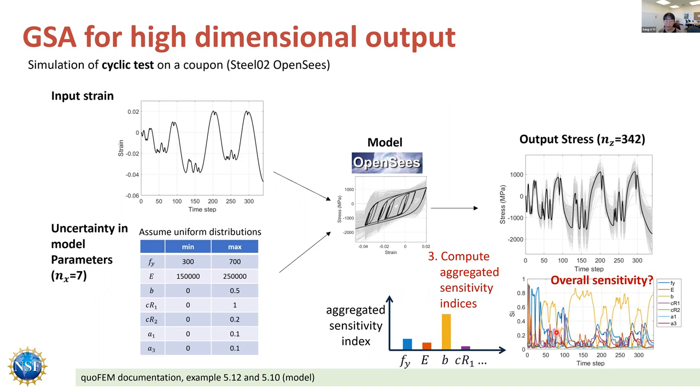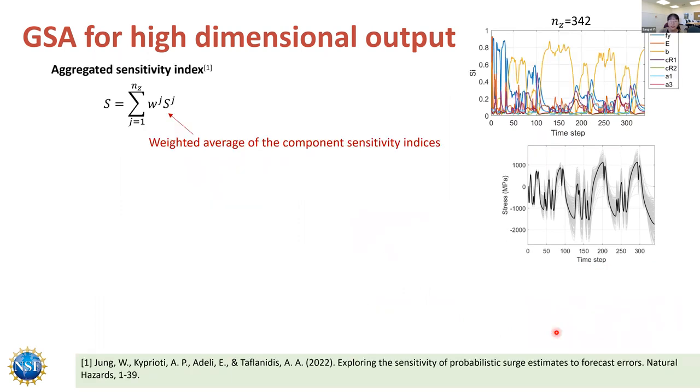And this is called aggregated sensitivity indices. So how do we average out these sensitivity index values at different time steps? This is by a weighted average of the component sensitivity indices. And the weights are proportional to the variance.